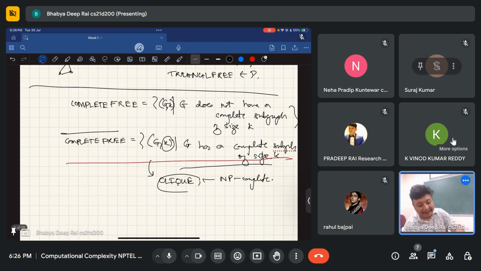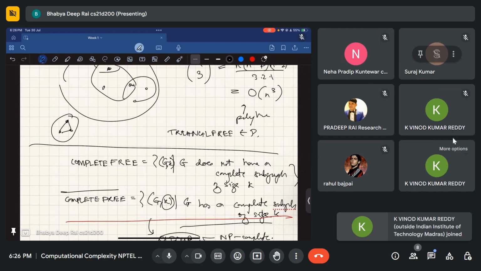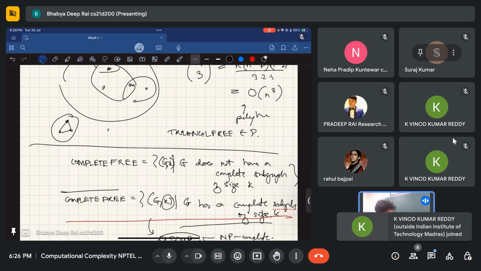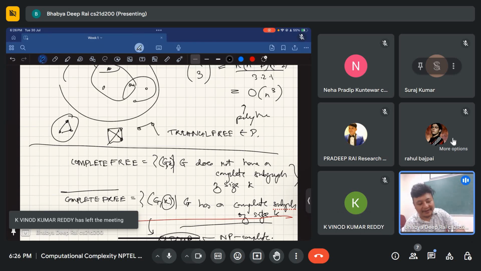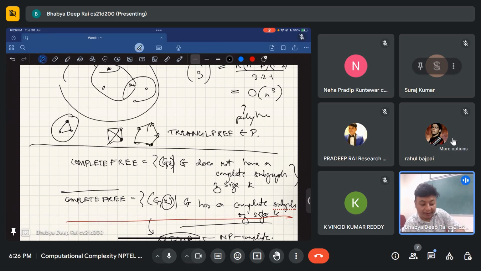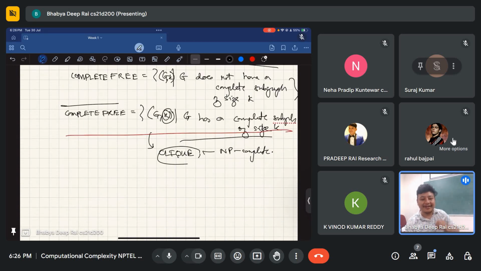But if I was talking about triangle free, or let's say C4 free, or C5 free, these are all complete graphs of constant size, and I can do them in polynomial time. But as soon as this k becomes arbitrary, the user gives it as an input, then it becomes so much harder.